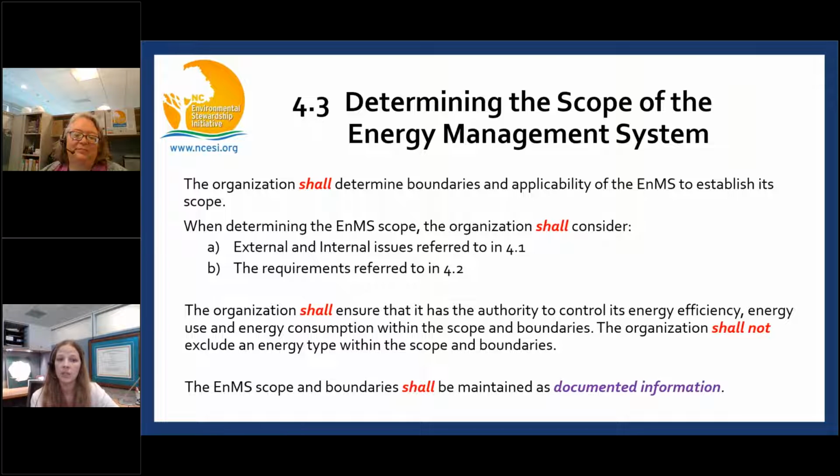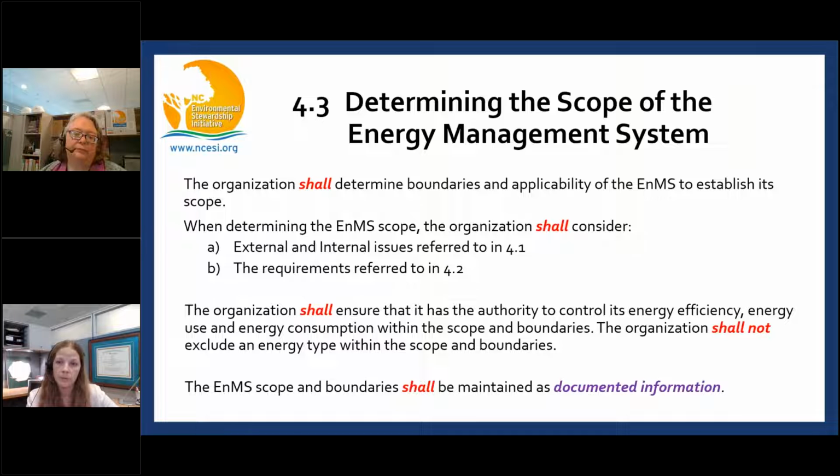The organization shall ensure that it has the authority to control its energy efficiency, energy use, and energy consumption within its scopes and boundaries. And the organization shall not exclude any type of energy within the scope and boundaries. The ENMS scope and boundaries shall be maintained as documented information.